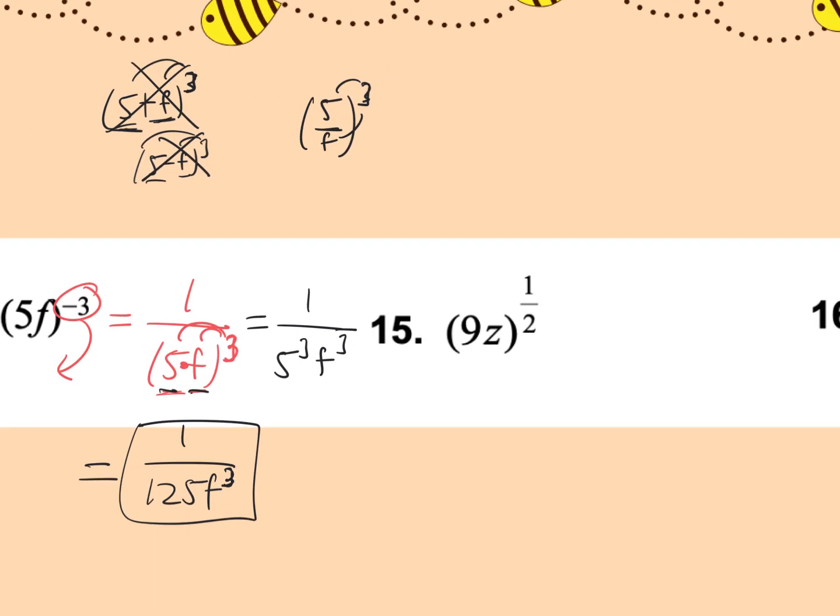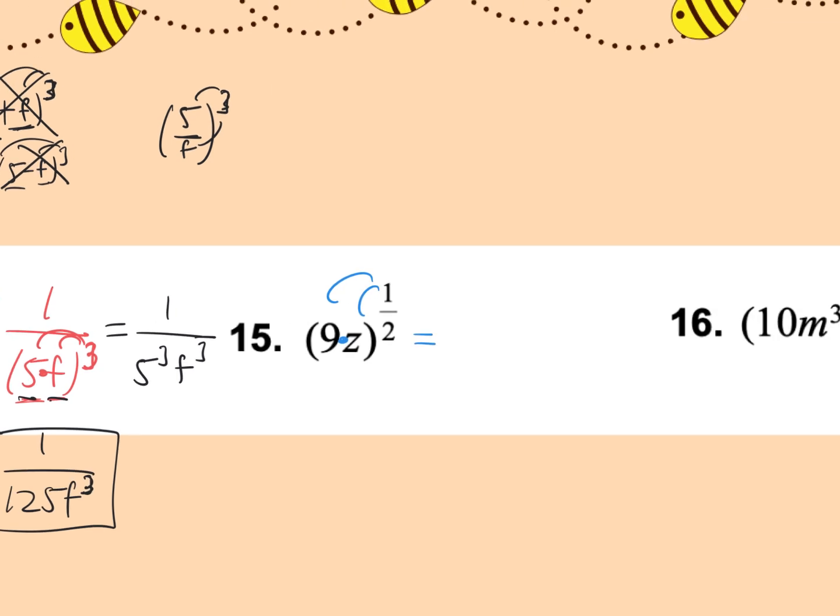I'm going to do the same thing with the next one, number 15. 9 and z are being multiplied, so you can go ahead and distribute those exponents. And then this is going to become 9 to the 1/2 times z to the 1/2. All right, and there's nothing really more that you could do to this. There actually is, like, there's another way. This 1/2 in the exponent actually means something different, right? And you guys are going to learn soon that 1/2 is the same as a square root, right?